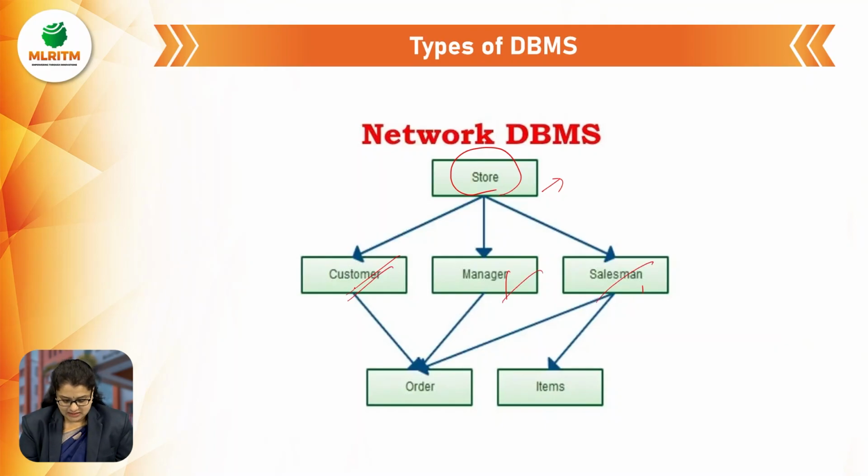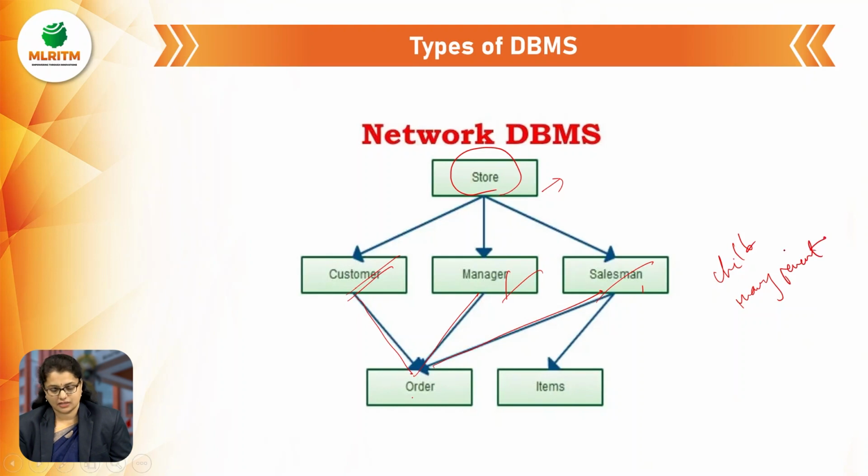The customer is connected to the order, and the order is also connected to the manager and salesman. So here the children contain many parents. In the hierarchical model, every child contains only one parent, but here we have multiple parents. Items are connected to the salesman only once. But this particular order contains the customer, the manager and sales.